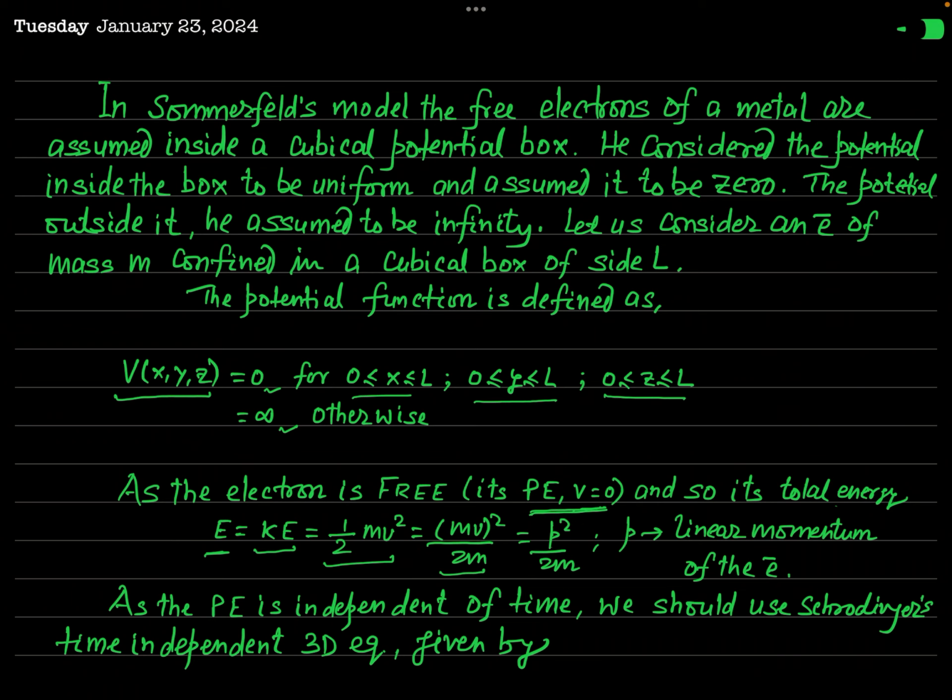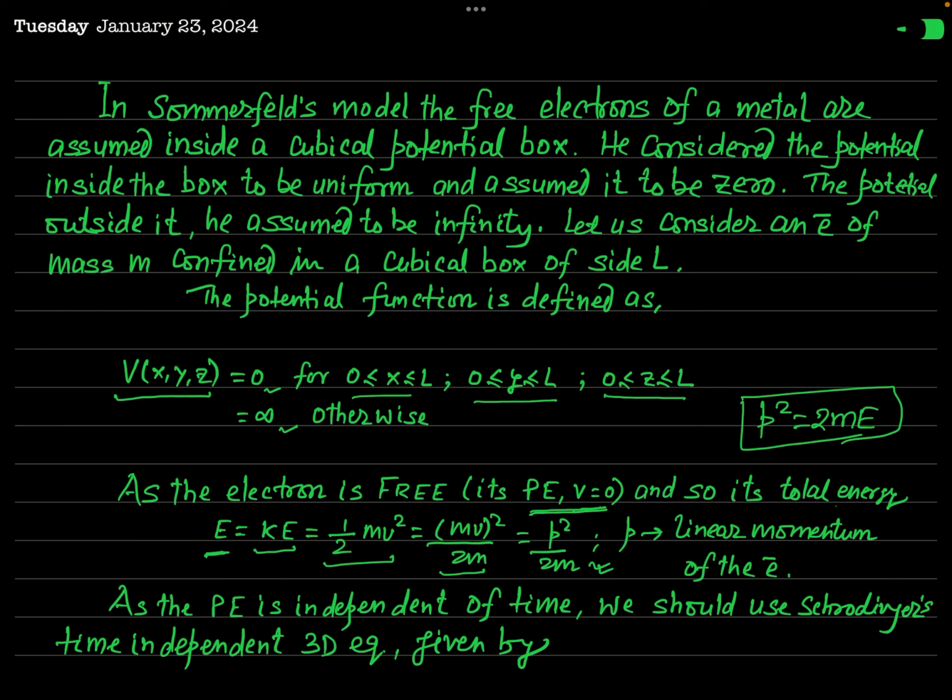But what is this mv? You know, mv is p, which is called the linear momentum of the electron, and so the total energy E will be simply equal to p squared over 2m. And so you can also say that p squared will be equal to 2mE, where E is the total energy, or you can also say it is kinetic energy, because here total energy is equal to kinetic energy. Okay.